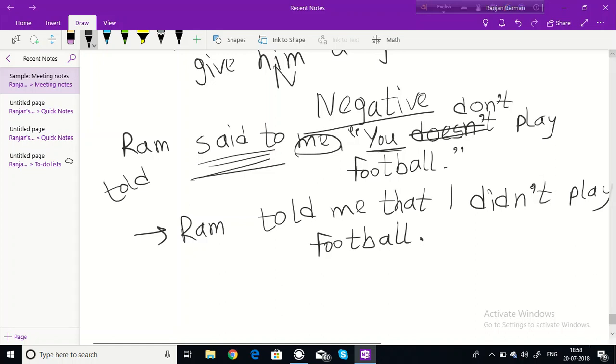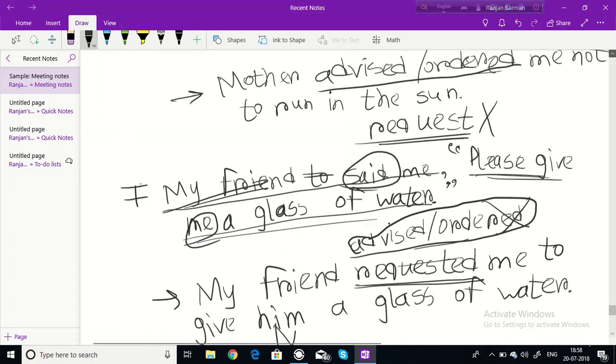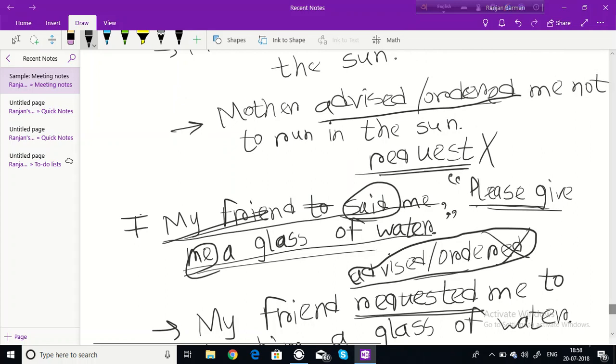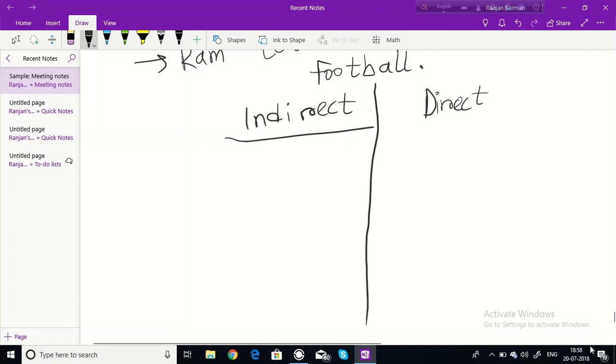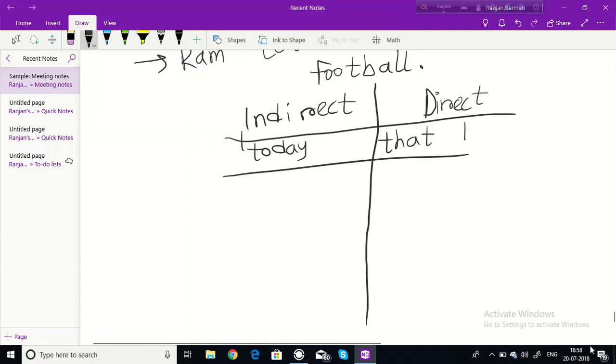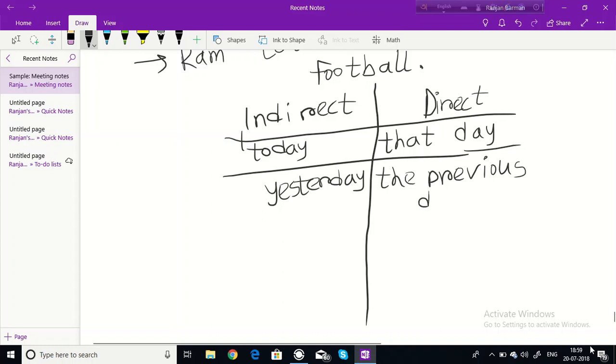And there are some words we should know. Direct and indirect: today, then; yesterday, it means the previous day.